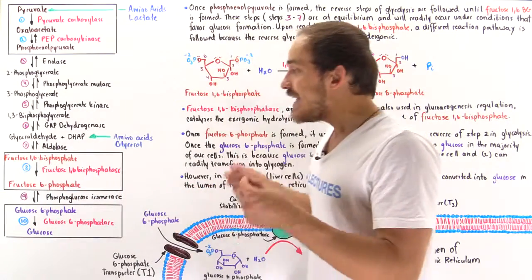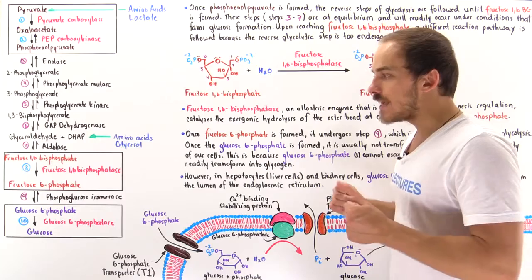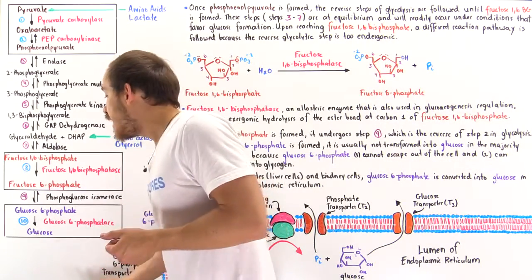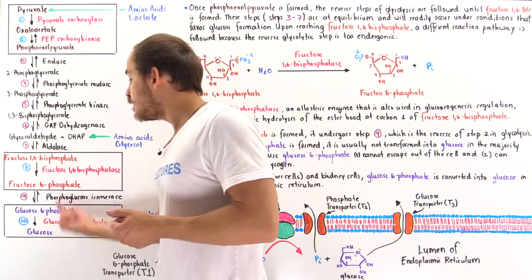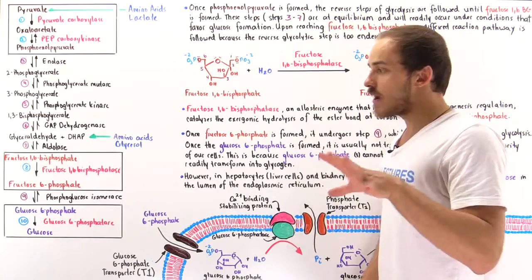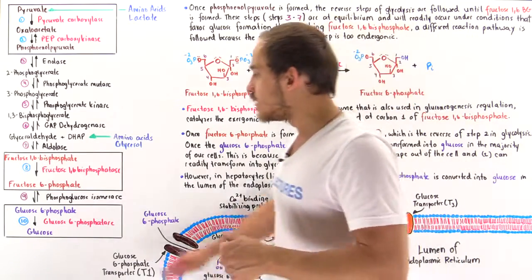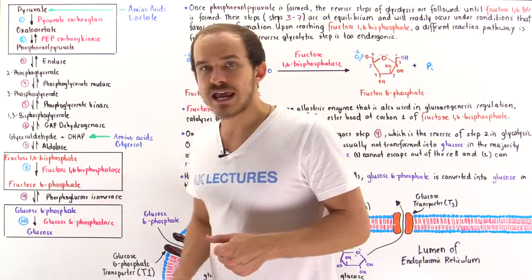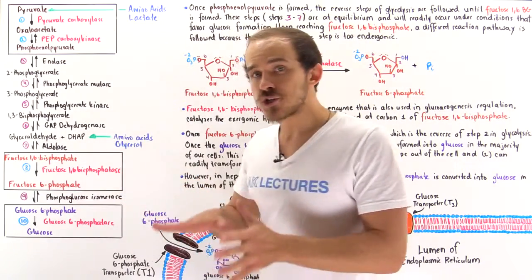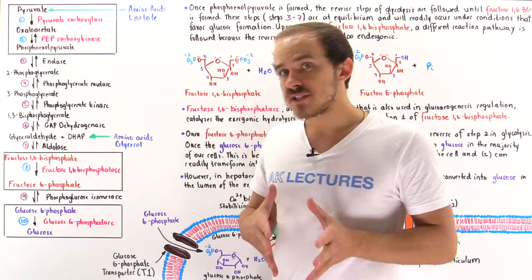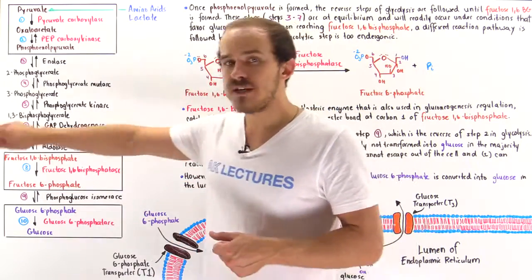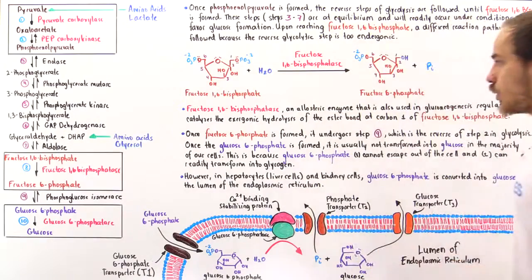And so if the cell wants to form the glycogen, why would it want to go on to form the glucose, because then it would have to go on to reform that glucose 6-phosphate. So in the majority of the cells of our muscle, like skeletal muscle cells, this step doesn't actually take place for two reasons. Number one, we want to make sure that glucose doesn't leave the cell. Number two, we want to have it in a form that can easily be transformed into glycogen.